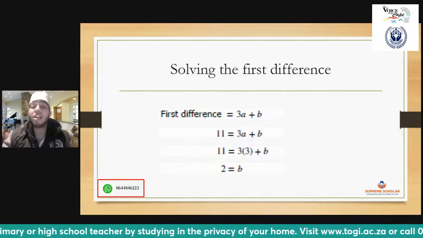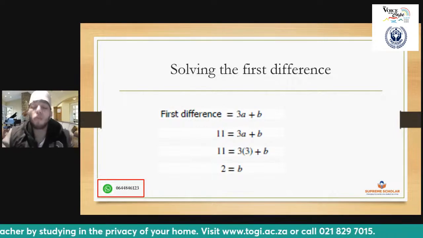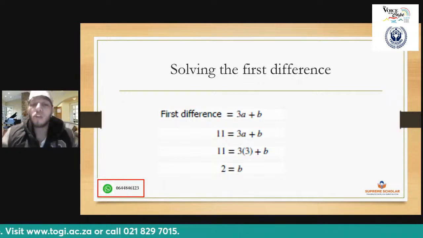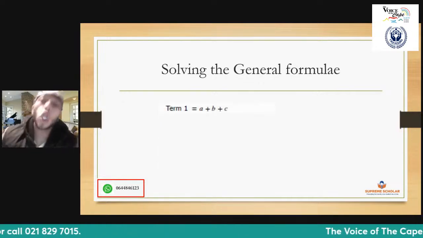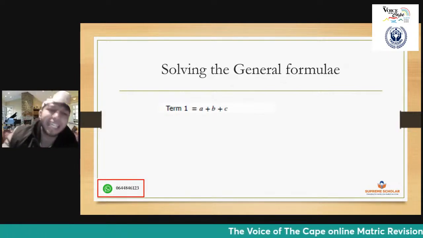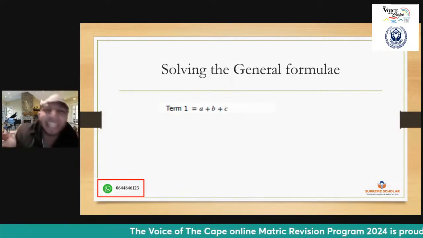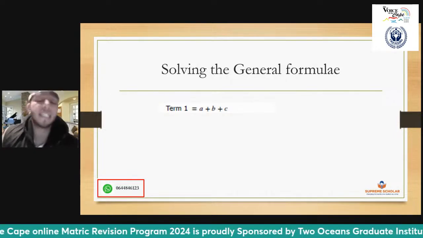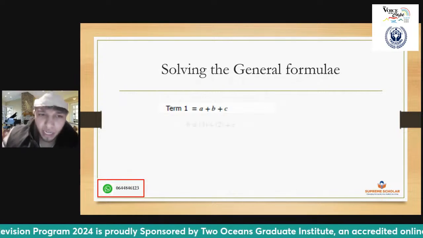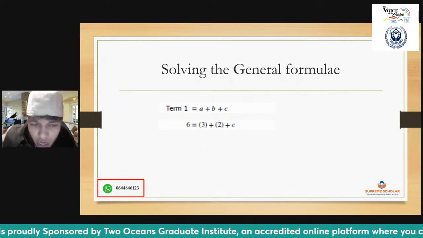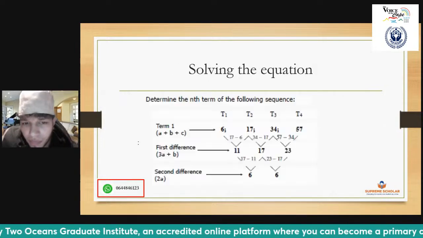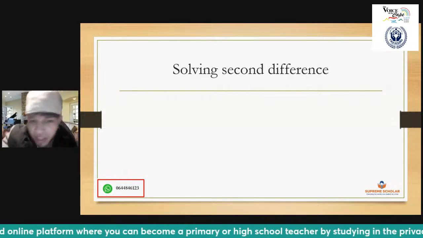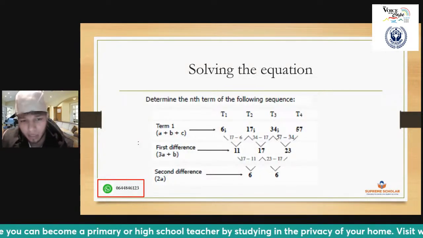Now to get the value of C, remember what is your general formula? Tn is equal to A n squared plus B n plus C. We have our A and we have our B, but we do not have our C. So now, solving with the general formula, we take our first term, term 1 or T1, and say it is equal to A plus B plus C. If you recall, the first term is equal to 6.